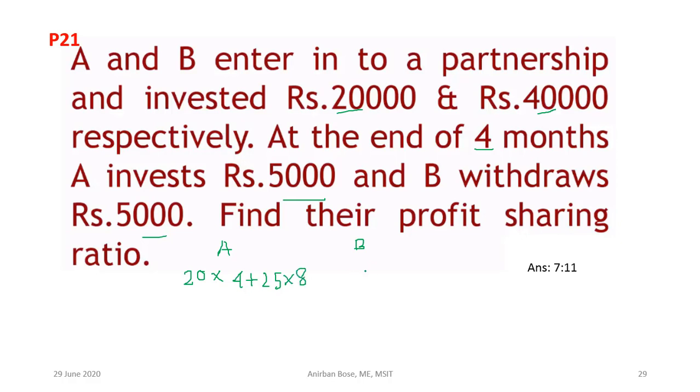And what about B? For the first 4 months he invested 40k, and for the remaining 8 months he invested 35k because he withdrew 5,000. So this is going to be the ratio.